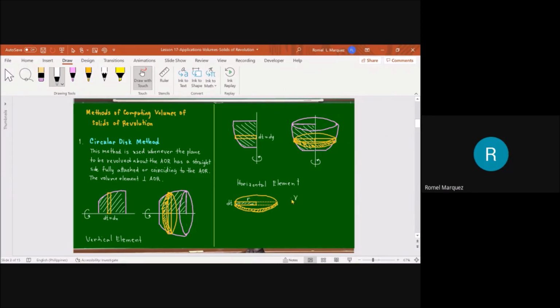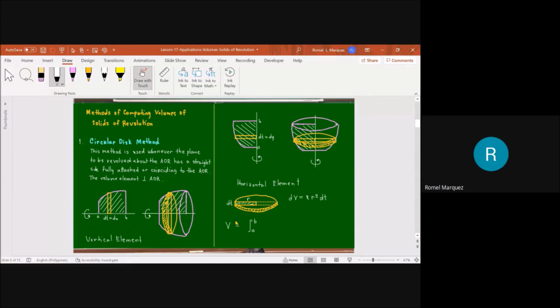And the volume element is represented by dV, and this is equal to, since this is a cylinder, pi r squared times the height, and the height is dt. So that the volume is given by what? Integral from a to b. So the volume runs from what? We take it from the original area. So the area runs from, for instance, if vertical, from this a to b, if horizontal, from a to b here.